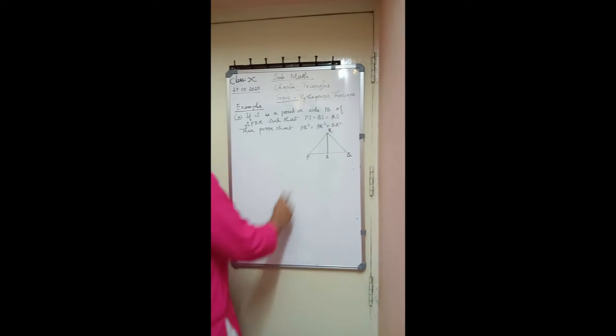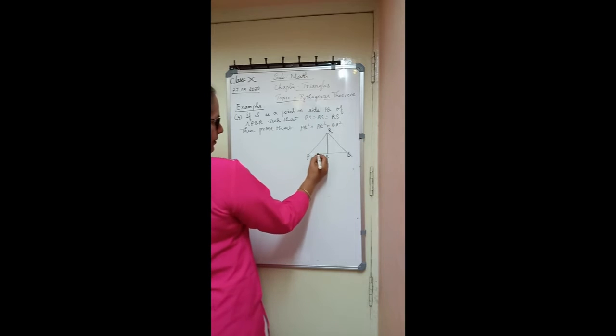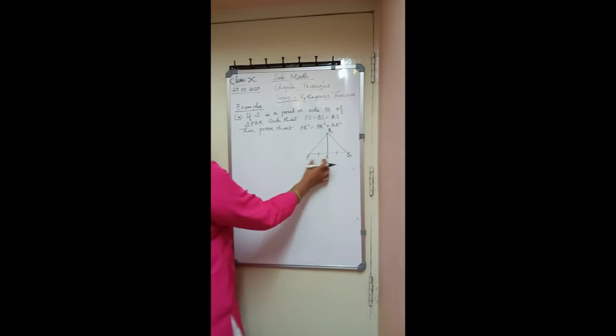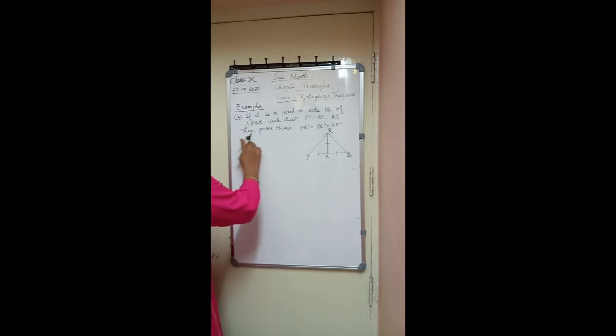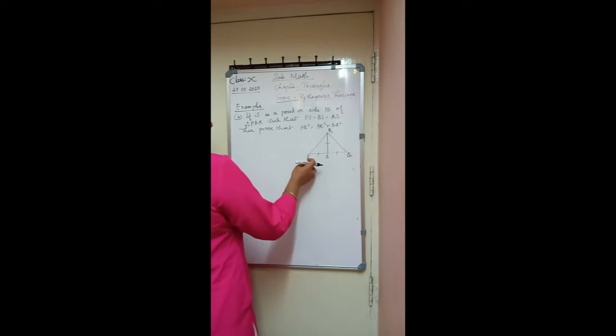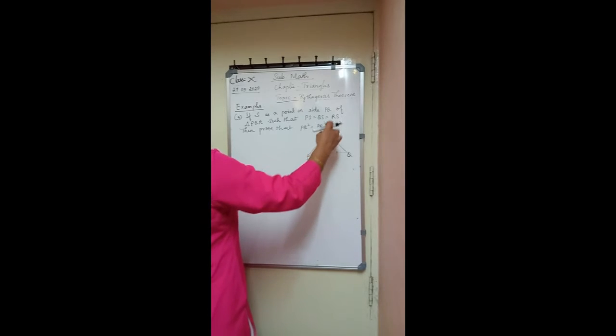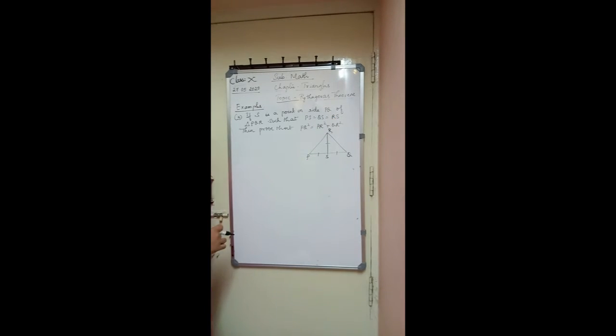Join it. Then PS is equal to QS, and which is equal to RS. You have to prove that PQ square equals PR square plus QR square.